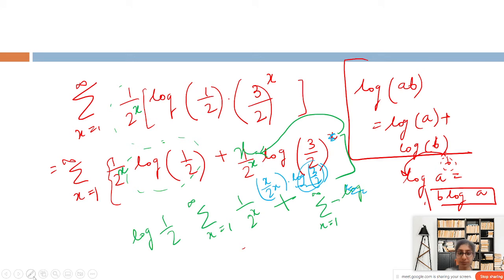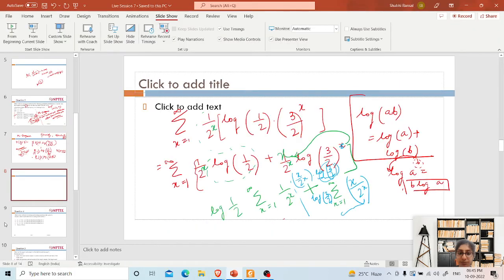This log of 3 by 2 I know is a constant. So this is some little maths involved here. This log of 3 by 2 will come outside, and inside what I am left with is x upon 2 to the power x. Here, this is my first term, this is my second term. So I'll write it more clearly.